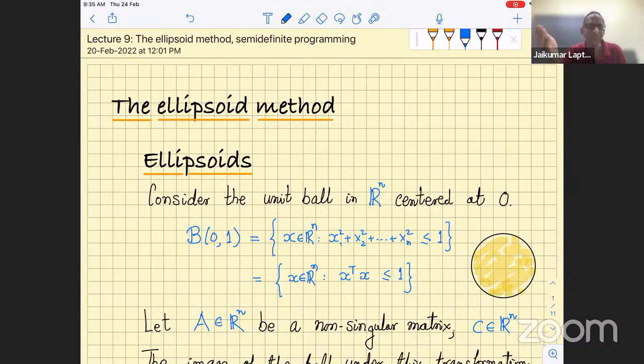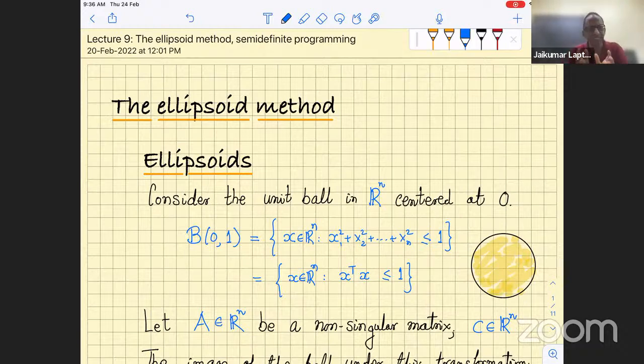The other thing is, at some point, you will take Pranab's courses on quantum information theory, and a density matrix in quantum information theory is a positive semi-definite matrix with a certain additional property. And change of basis happens all the time in quantum information theory.